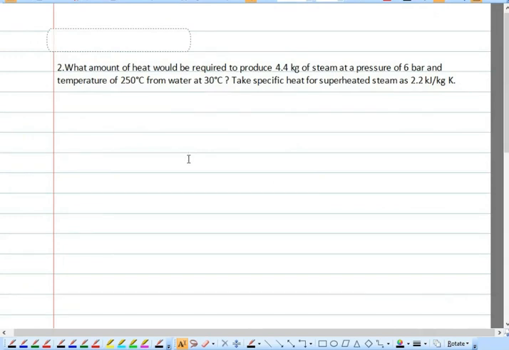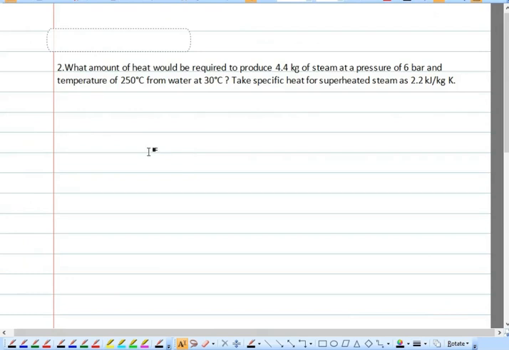Next question, what amount of heat would be required to produce 4.4 kg of steam at a pressure of 2 bar and temperature of 250 degrees Celsius from water at 30 degrees Celsius? Take specific heat for superheated steam as 2.2 kilojoule per kg Kelvin.